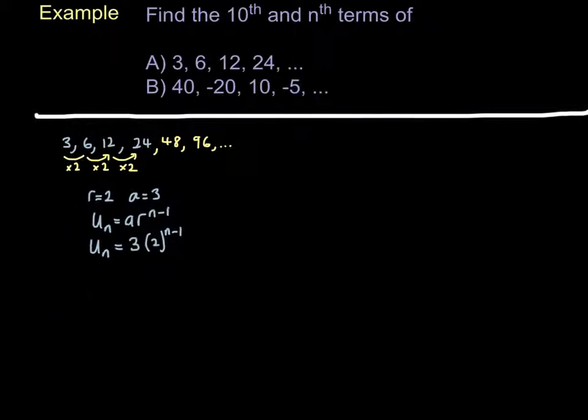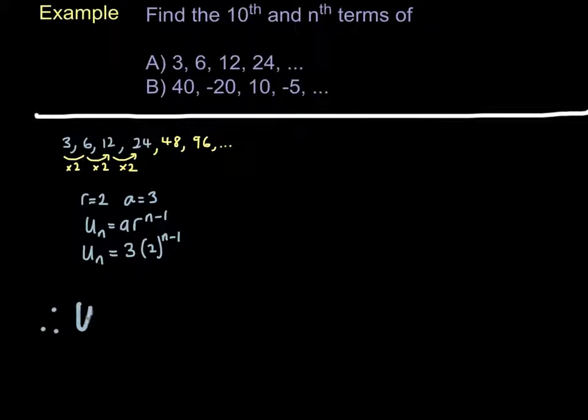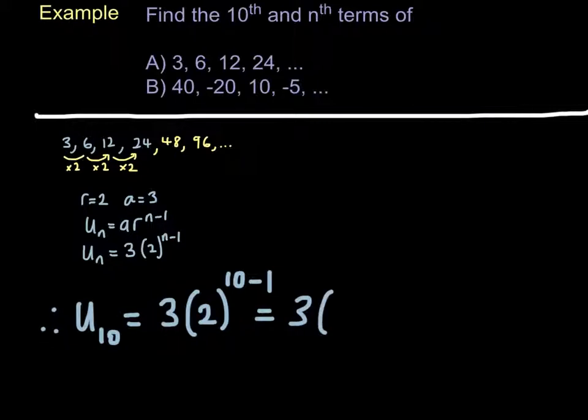So now to find our 10th term, we just substitute 10 into that formula where n is. So our 10th term is going to be 3 multiplied by 2 to the power 9, 10 take away 1, which is 9. Okay, let's write that out.